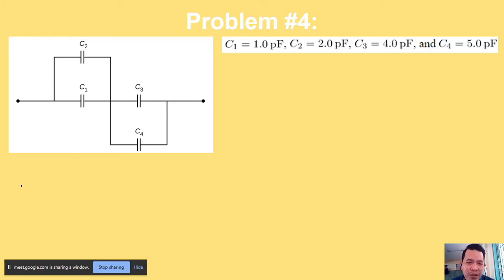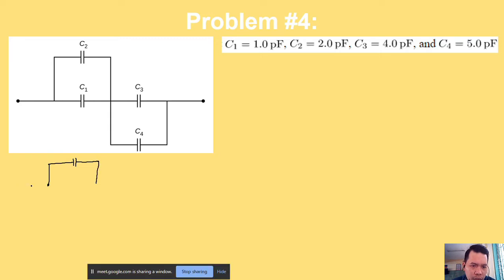So, those two capacitors now become one. So, ang mangyayari po sa ating diagram, ito po. Ito na po yung ating C sub 3 at saka C sub 4. So, they are connected in parallel. Ang gagawin naman po natin is we just have to add their values.